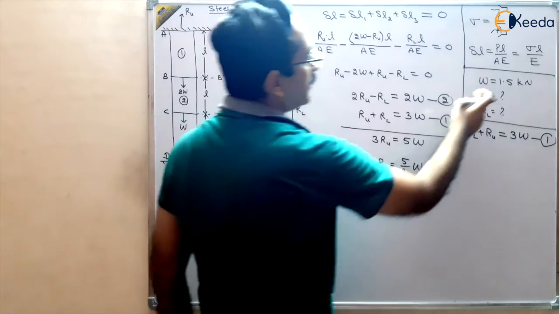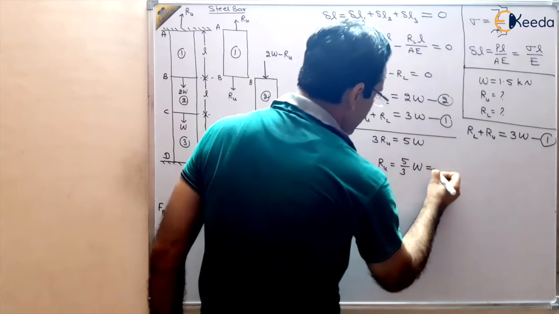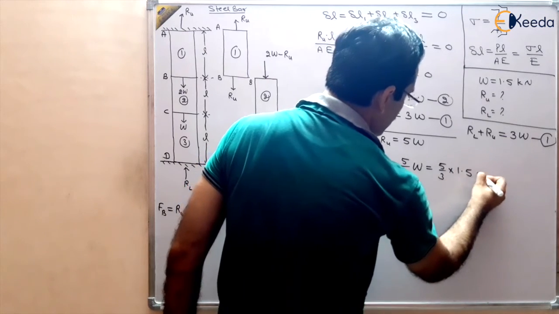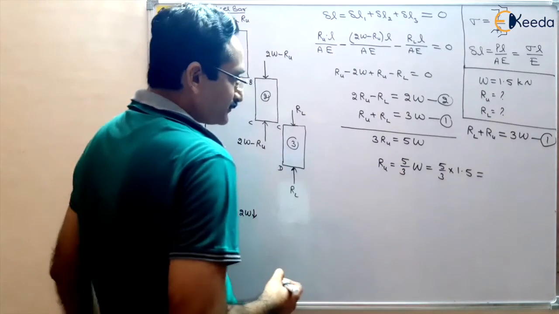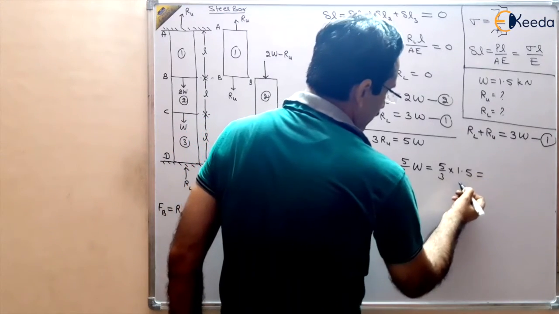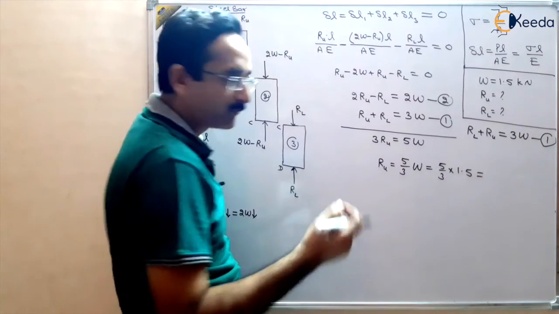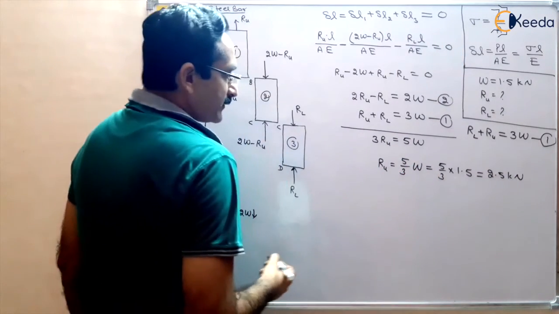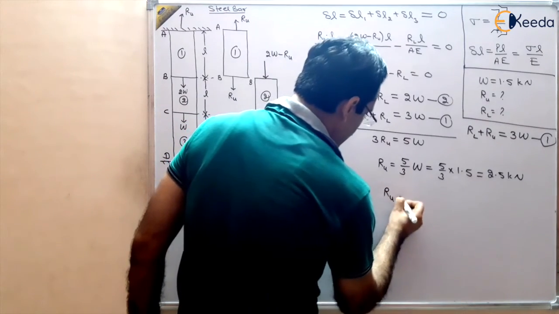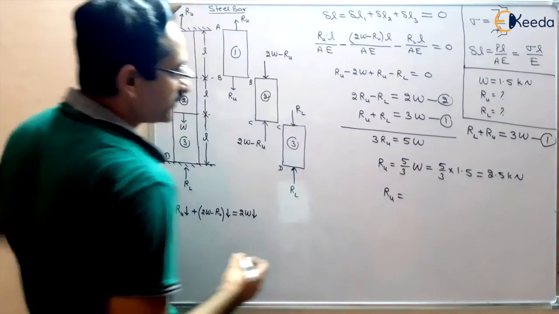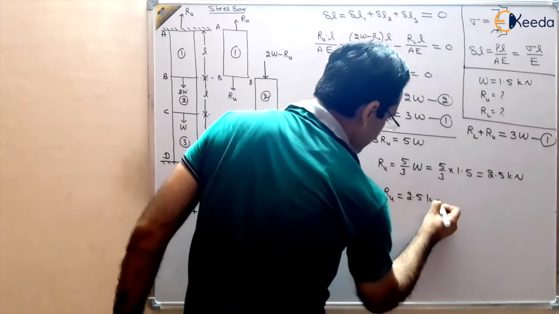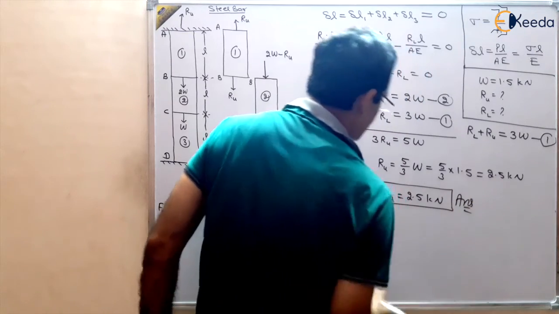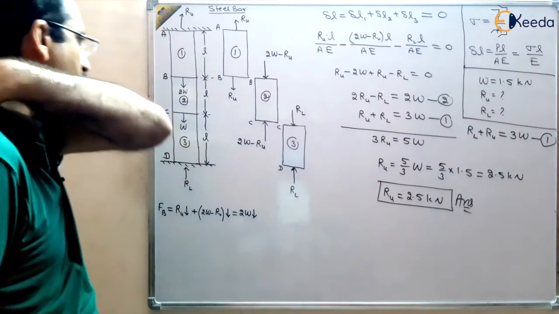And what is W? This is 1.5 kilonewton. So 5 by 3 multiplied by 1.5 will come out to be 2.5 kilonewton. So one answer we have got, that the reaction at the upper support is 2.5 kilonewton. So this is our one answer, 5 by 3W or 2.5 kilonewton, right?